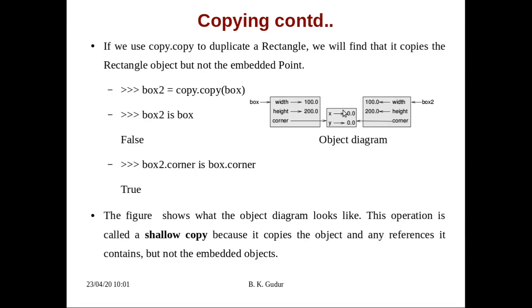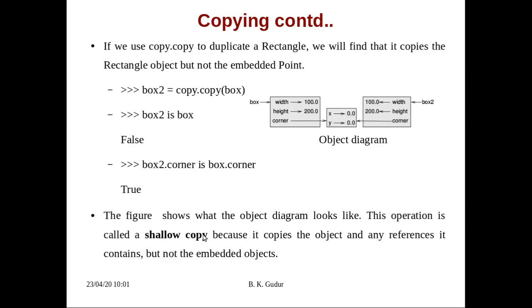Because of that, when we printed box2 dot corner is box dot corner, we are getting true, because this is the same object. Copy has created one more box, but it has not created all the attributes; only width and height it has created, and the corner is pointing to the same old object. So the figure shows what the object diagram looks like.